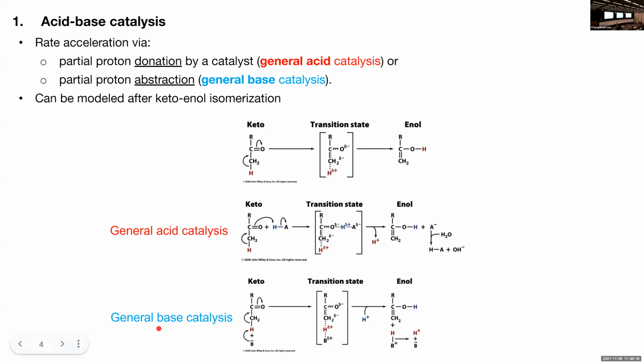General base works in a similar way, but in the opposite way. Instead of giving up the proton, it'll take up the proton on the bottom here, and then make it partially positive. And of course, this is a base, so it is prone to take up the proton here, right? So we end up having this hydrogen atom detached from the original keto form, and we form the base with the hydrogen combined here.